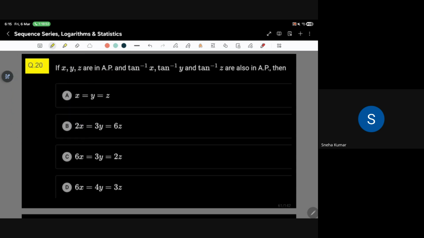If x, y, z are in AP, then 2y equals x plus z. Similarly, 2 times tan inverse y equals tan inverse x plus tan inverse z. How do we simplify?